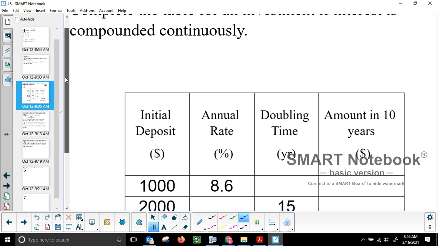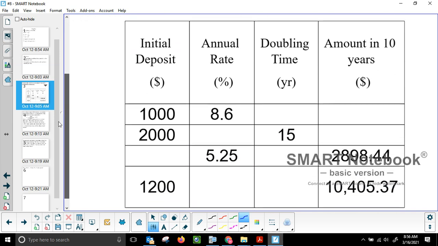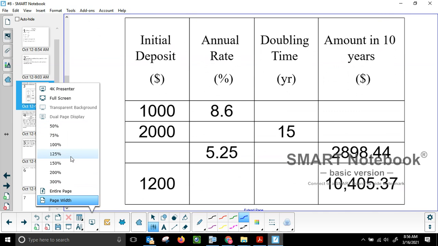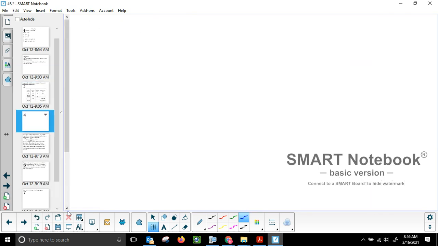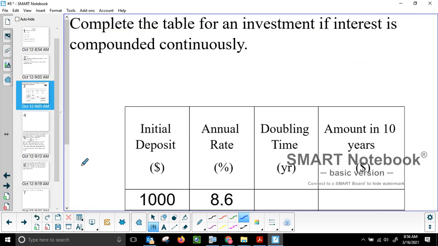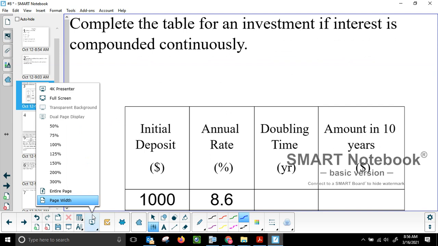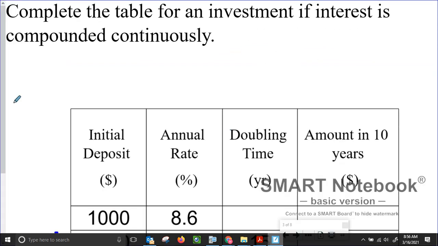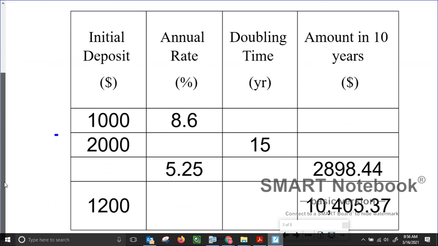All right. So here we've done compounding interest before, where we were finding the future value. Well, I kind of want to talk about how we find other things as well.